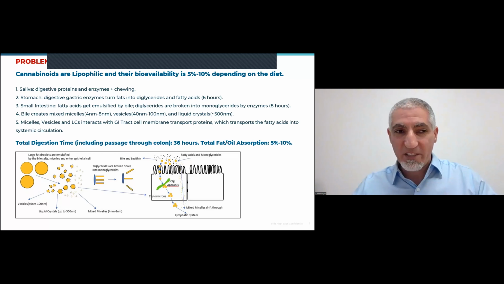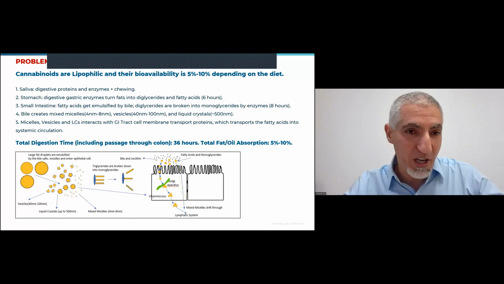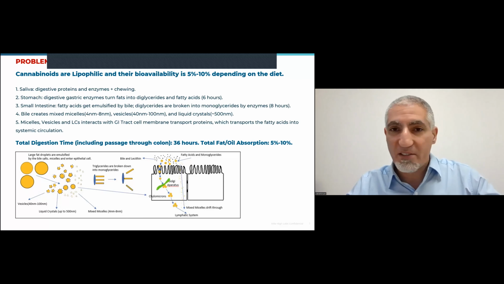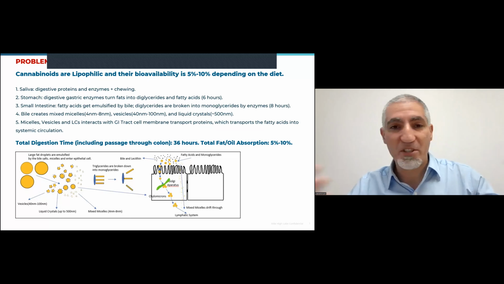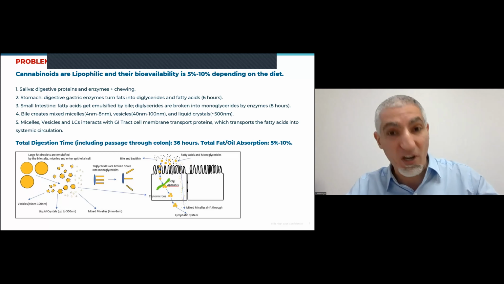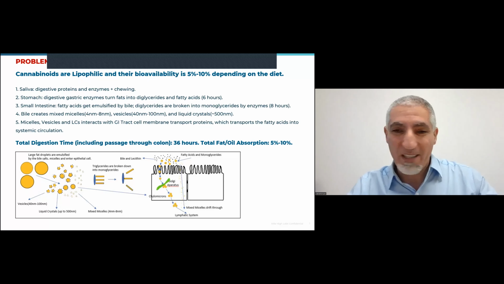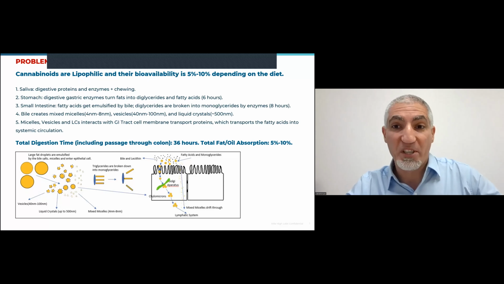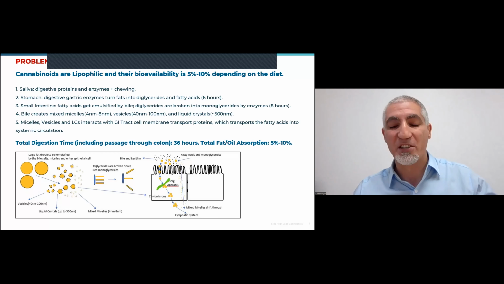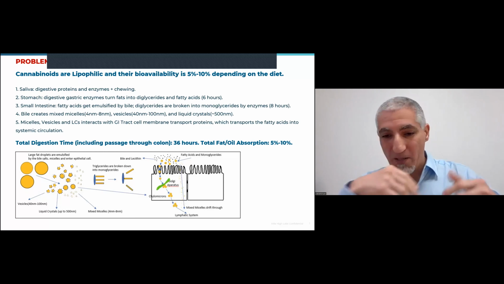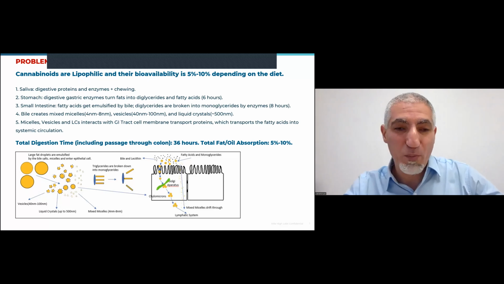Then everything drops down into the stomach, which has a very acidic environment, as everyone knows. Digestive gastric enzymes turn fats into fatty acids, and triglycerides into diglycerides. The process usually takes 4 to 6 hours for all that food to get digested and pushed forward into the small intestine.